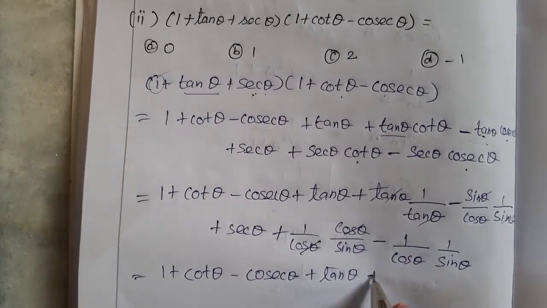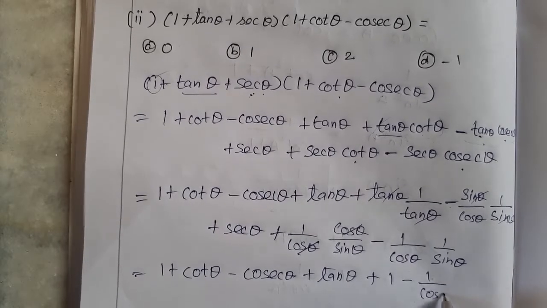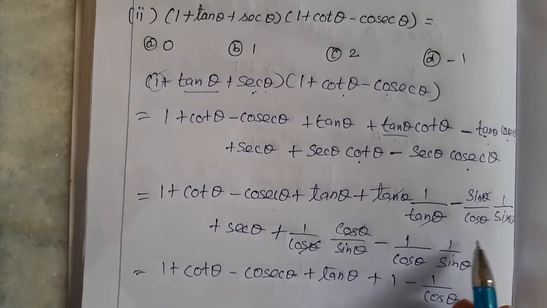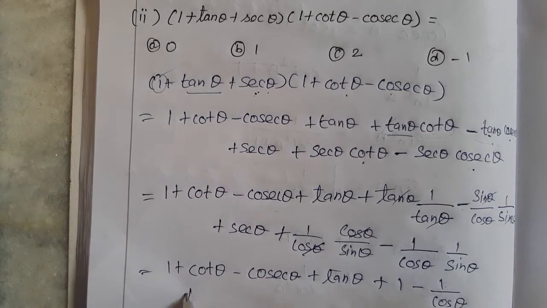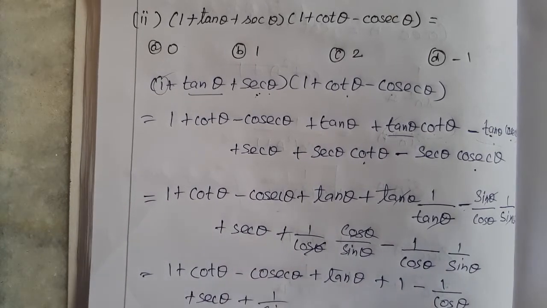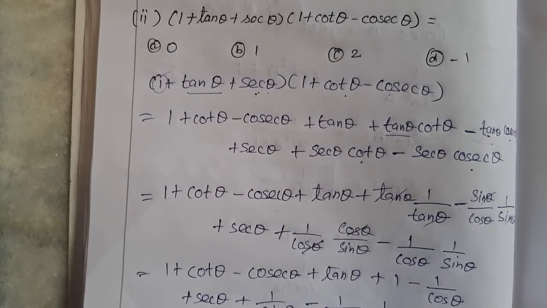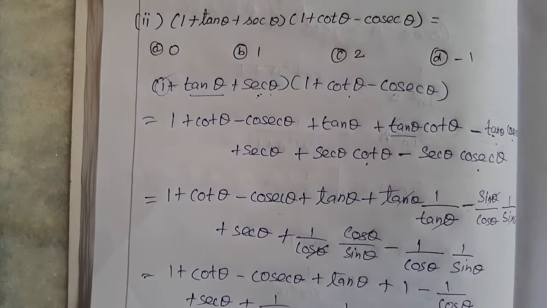Here it will give the plus 1. Here we will be getting minus 1 by cos theta, and here the plus sec theta, here plus 1 by sin theta, minus 1 by cos theta, 1 by sin theta.